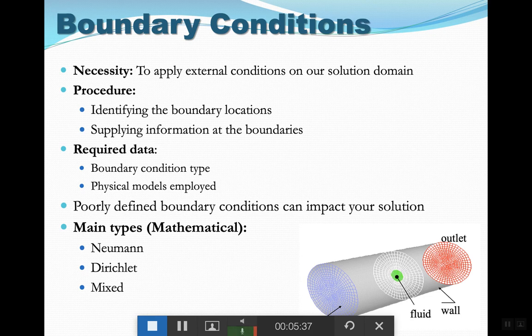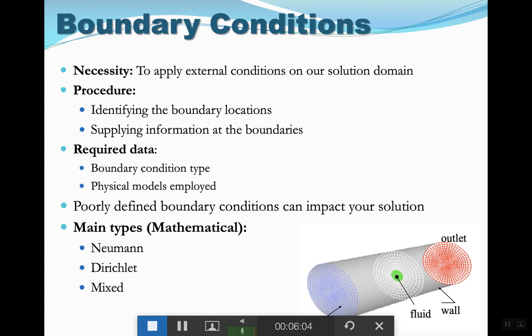So the required data on boundary conditions are, one, your boundary condition type, which means what kind of boundary I am talking about. Am I talking about a wall boundary, a velocity boundary, or other types? Second, the physical models employed in that boundary. So what equations am I solving in my system?